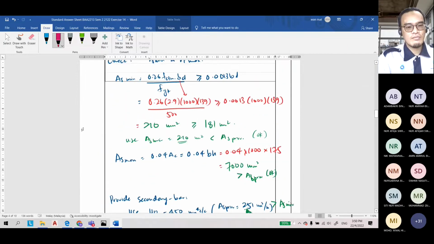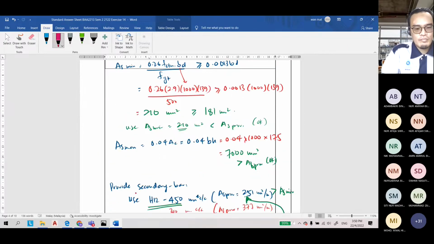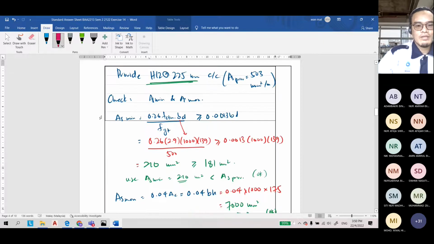I don't want you to be confused between where to put the secondary bar and where to put the primary or main bar.